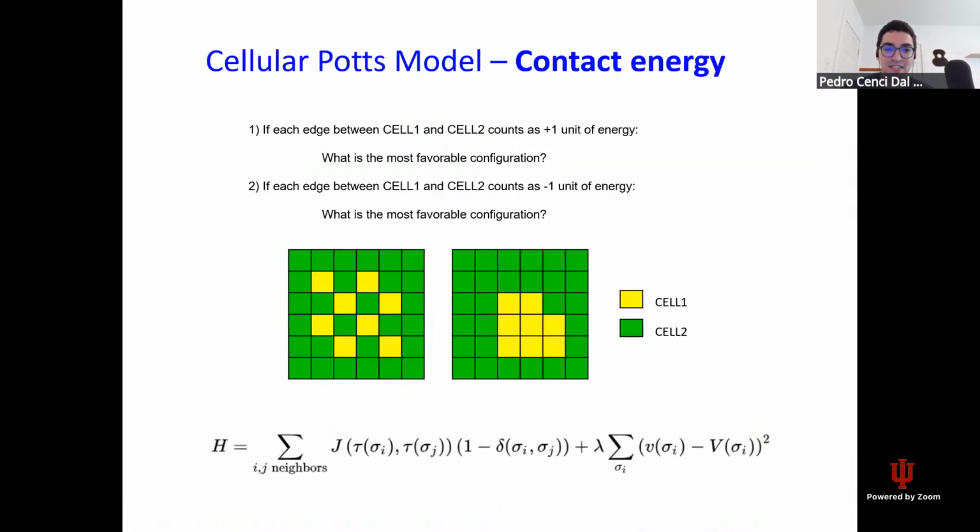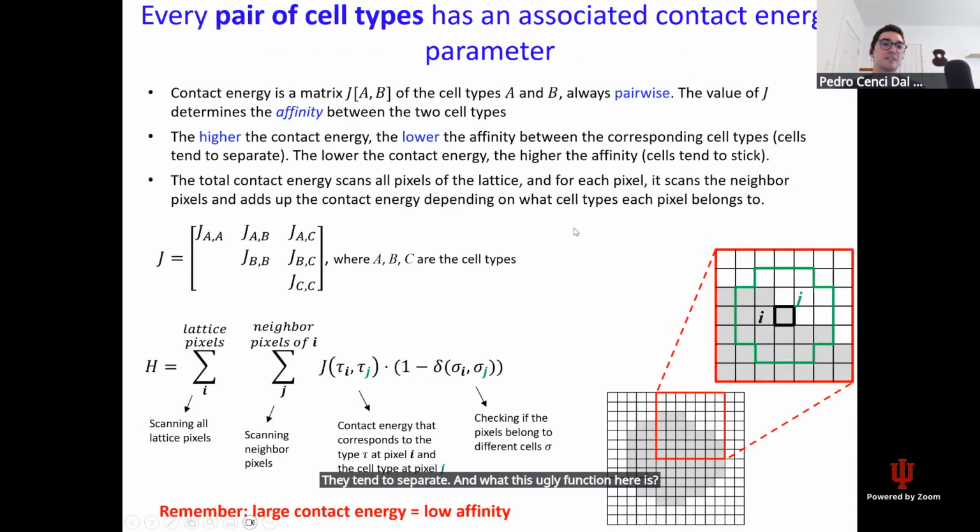And what this ugly function here is, let's break it down. This is basically counting the edges. It's a little bit more complicated, but it's basically counting all the edges for each pixel. So first, we are scanning all the lattice pixels. This is what the first summation is doing. Then, for each pixel of the lattice, we scan all the neighbors.